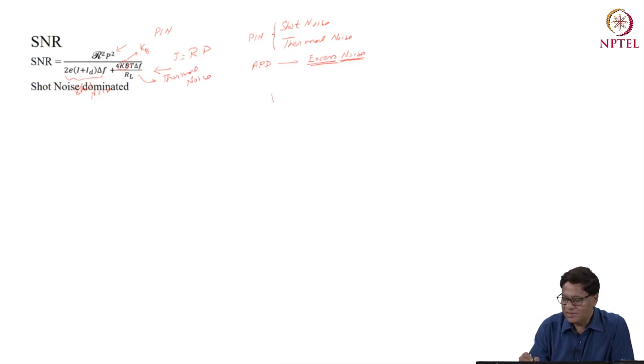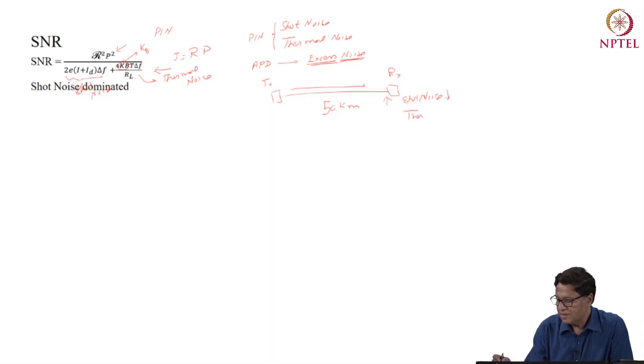If the link is very long, say 100 kilometers or 50 kilometers, the power you get is very low because it is attenuated. The power being low means the shot noise component is low, but thermal noise may be high. Such a system is generally referred to as a thermal noise limited system.